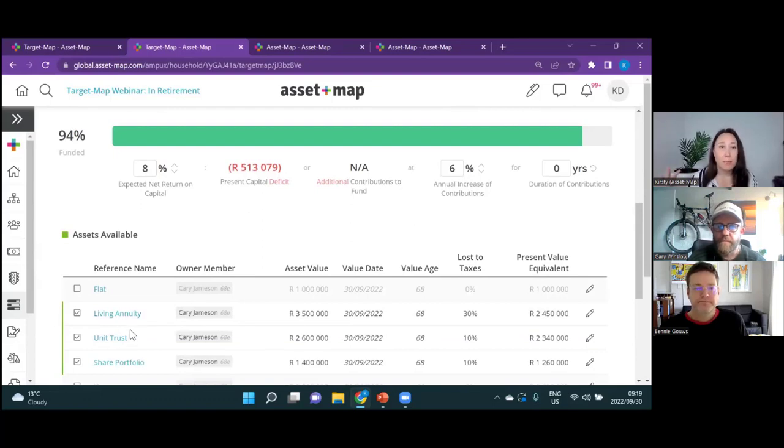And then there would be a separate implementation conversation. Well, how much are we going to take from the living annuity? How much from the discretionary investments based on that client's unique circumstances? So this is really looking at a high level, saying there's a pot of funds, there's an income required. Can we draw that income? Is that sustainable? Then there's another conversation.